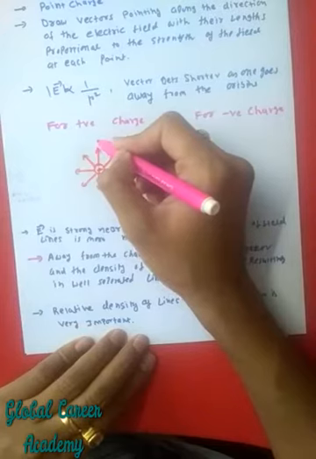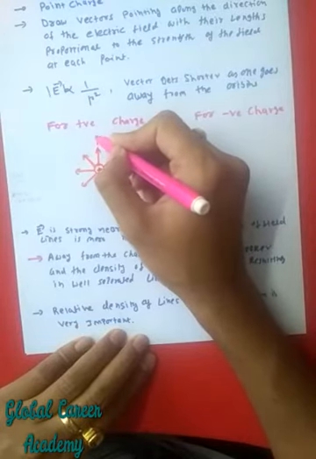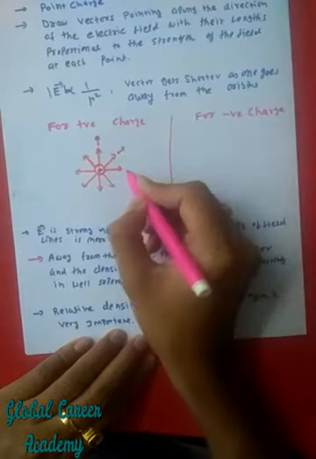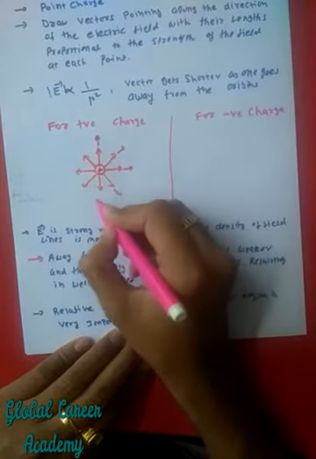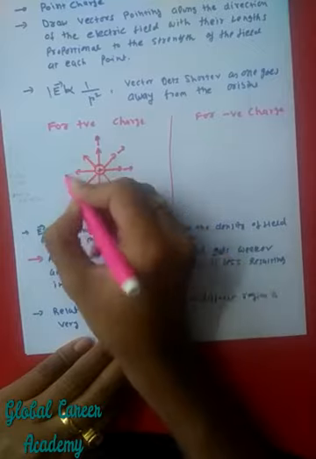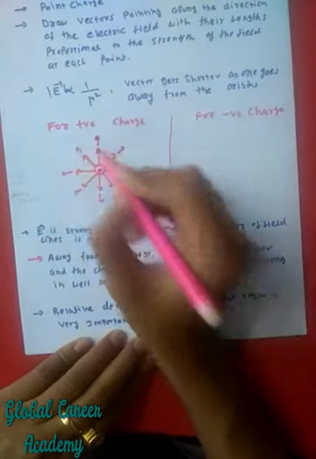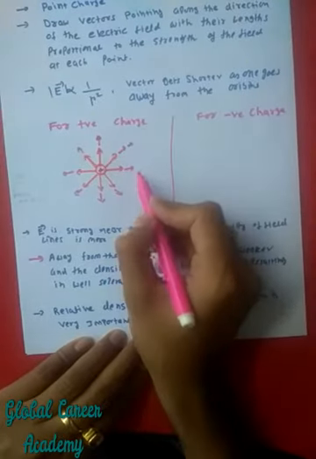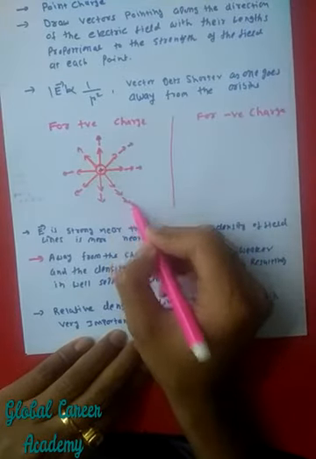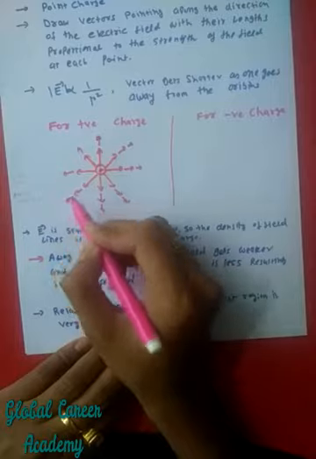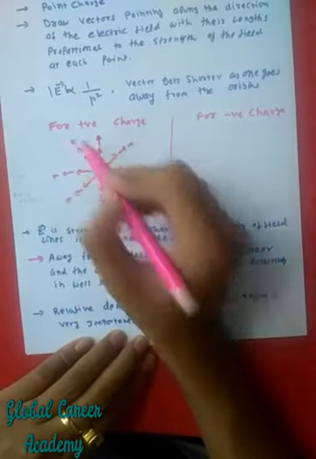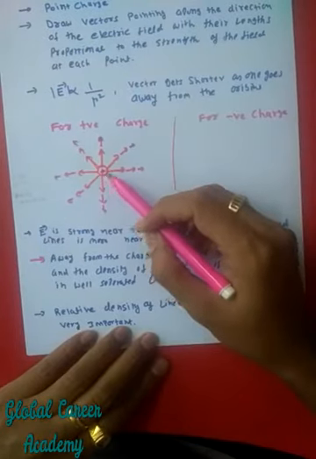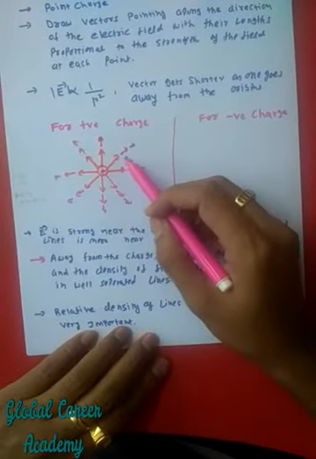So the next vector I am going to draw, its length you have to show short. So it will be like this. You can show it short. And eventually when I draw a third vector, its length should be even shorter than the previous one. So this shows that the field is decreasing as you go away from the origin, or from the positive charge.